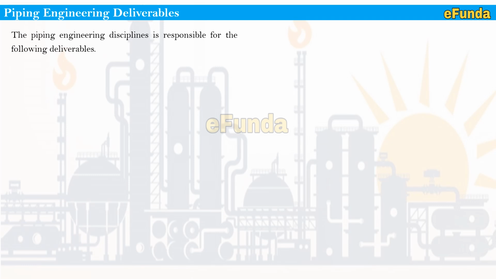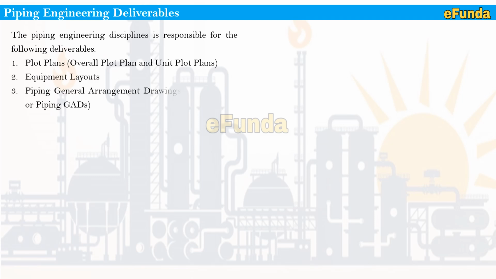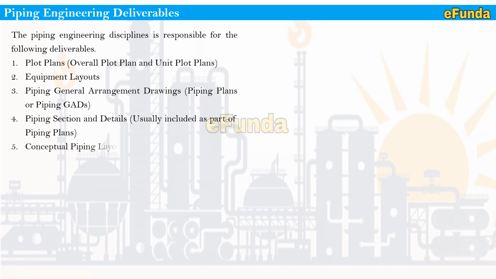First, plot plan, that is overall plot plan and unit plot plan. Second, equipment layout. Third, piping general arrangement drawing, that is piping plans or piping GADs. Fourth, piping sections and details, usually included as part of a piping plan. Fifth, conceptual piping layouts or study piping layout.